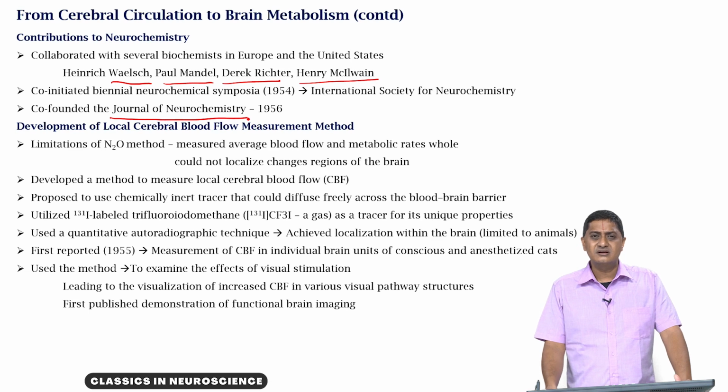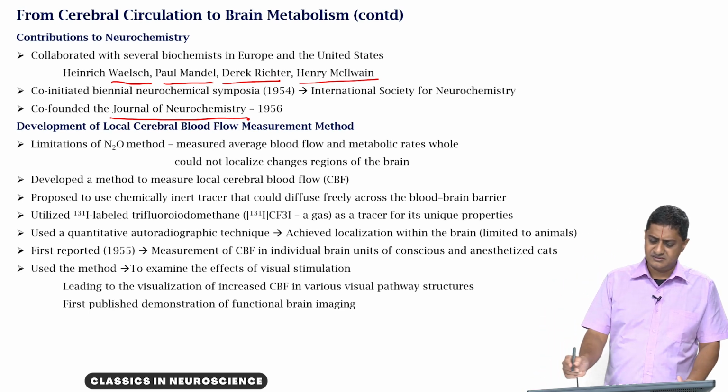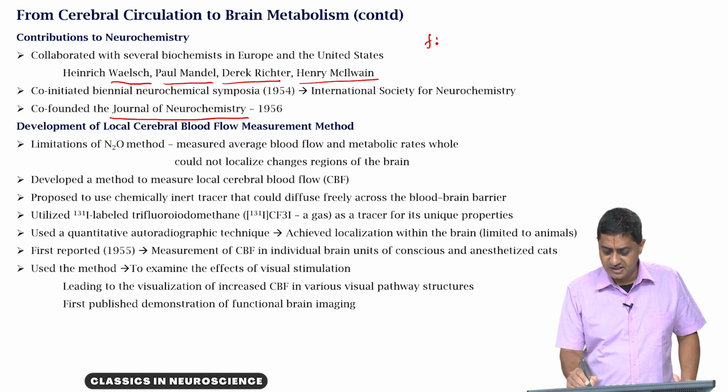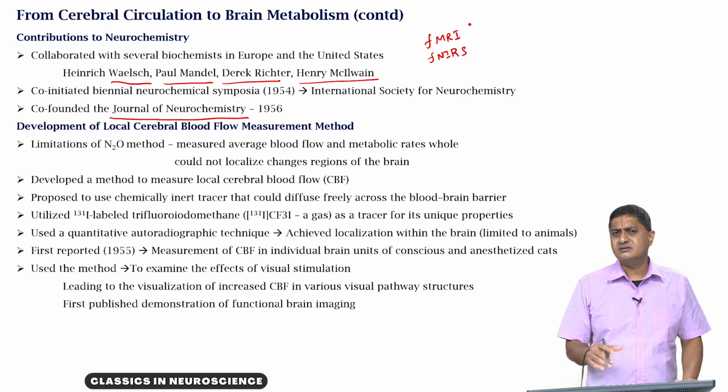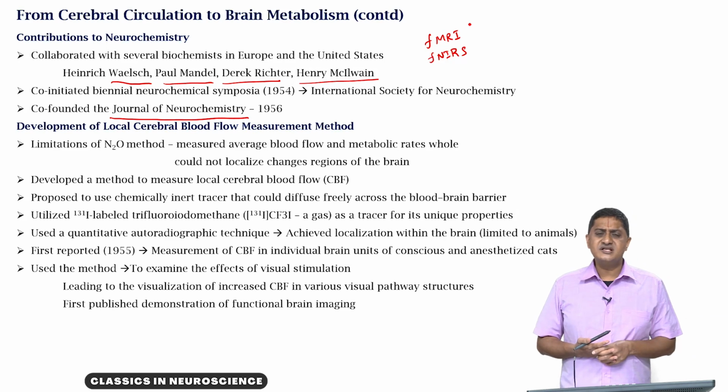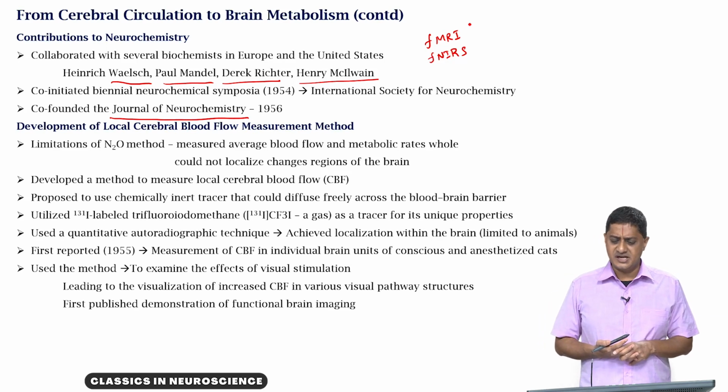Today, there are many functional brain imaging techniques available, well developed techniques. For example, functional magnetic resonance imaging, then functional near infrared spectroscopy. There are several such advanced techniques available to study brain activation levels.